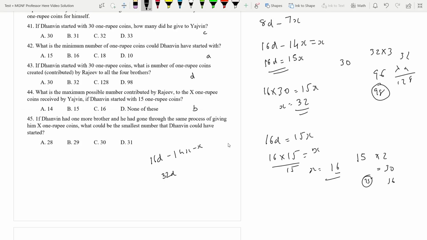So it becomes 32D minus 30X, and now this is equal to X. It clearly says that it goes through the same process. So this is our final equation, which becomes 32D is equal to 31X. So here the minimum number of coins should be 31, option D, so that we get an integral solution. 32 into 31 is equal to 31X, X is equal to 32. So to get an integral solution, we need option D at least. So the answer is 31.